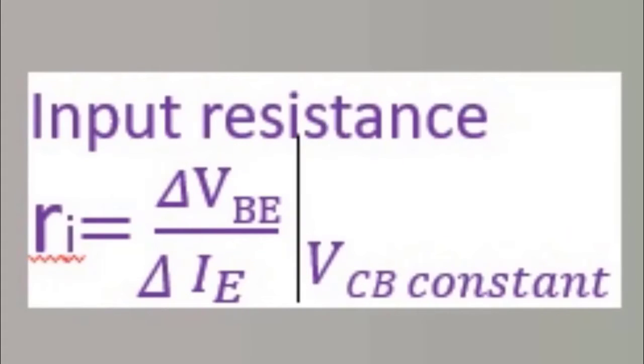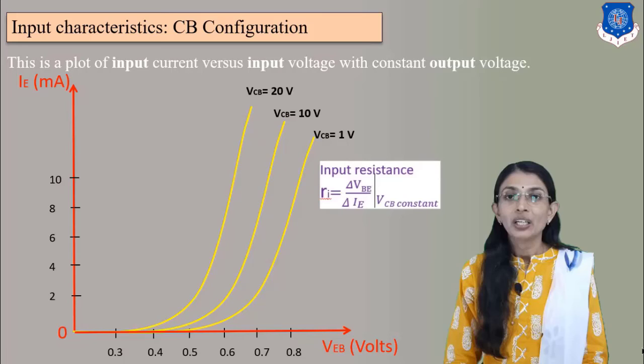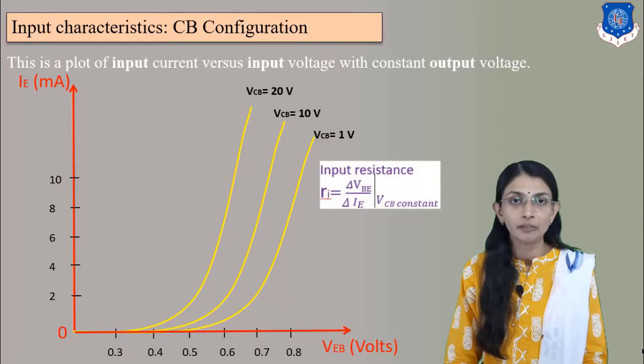But the condition is constant output voltage. So VCB must be constant, and then we will measure the VBE and IE, and we will plot the values of VBE versus IE on the graph by keeping VCB constant.